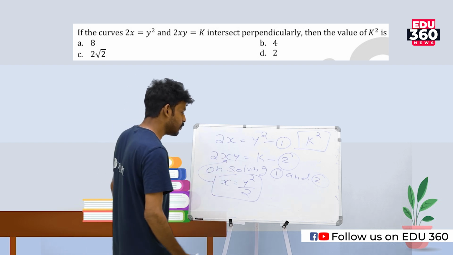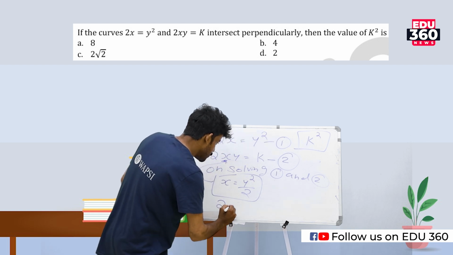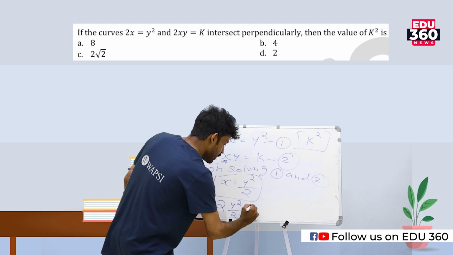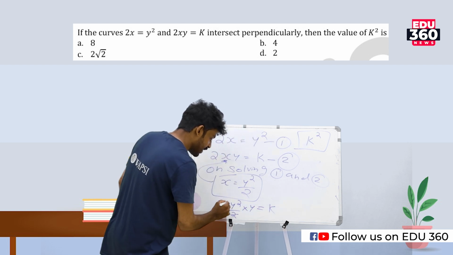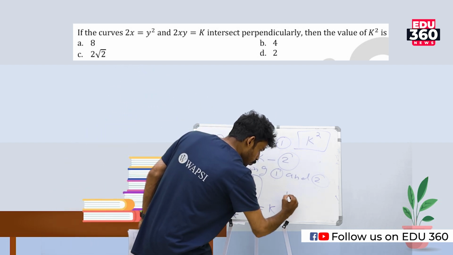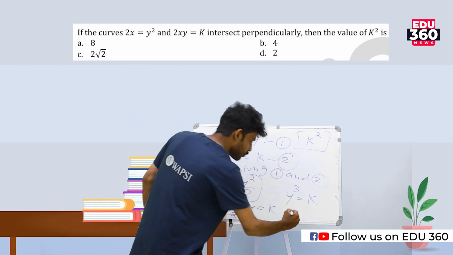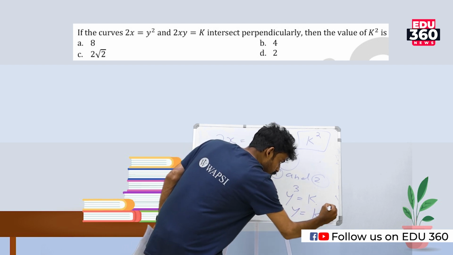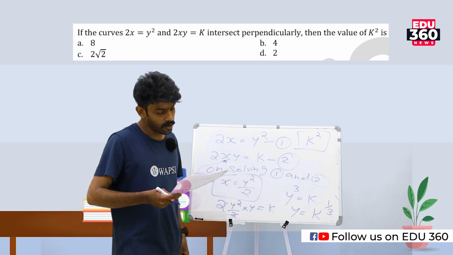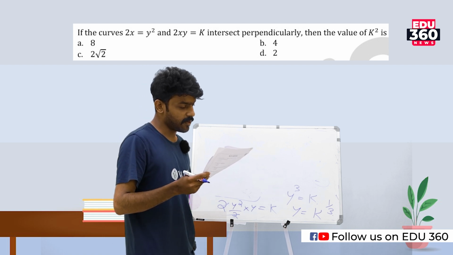On substituting x = y²/2 into 2xy = k, we get 2 into y²/2 into y equals k. Cancelling the 2, we get y³ = k. So from this we can write y = k^(1/3).